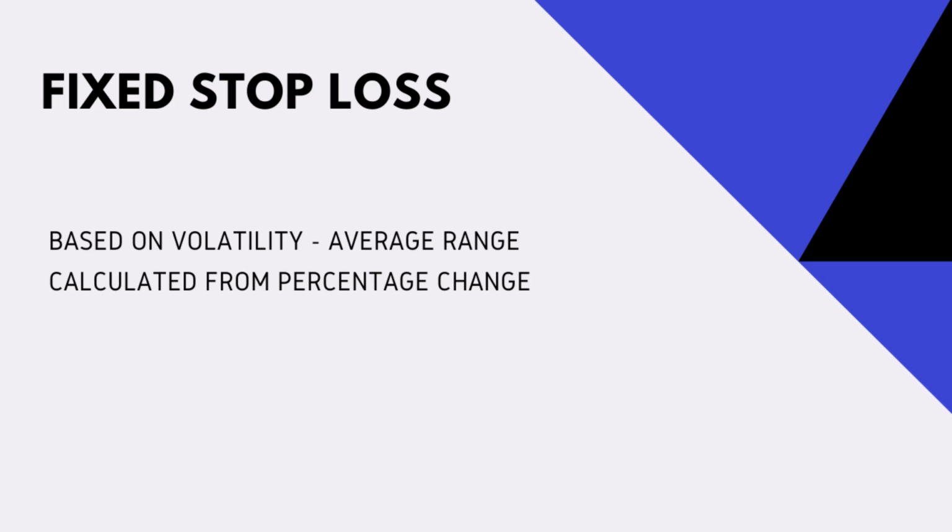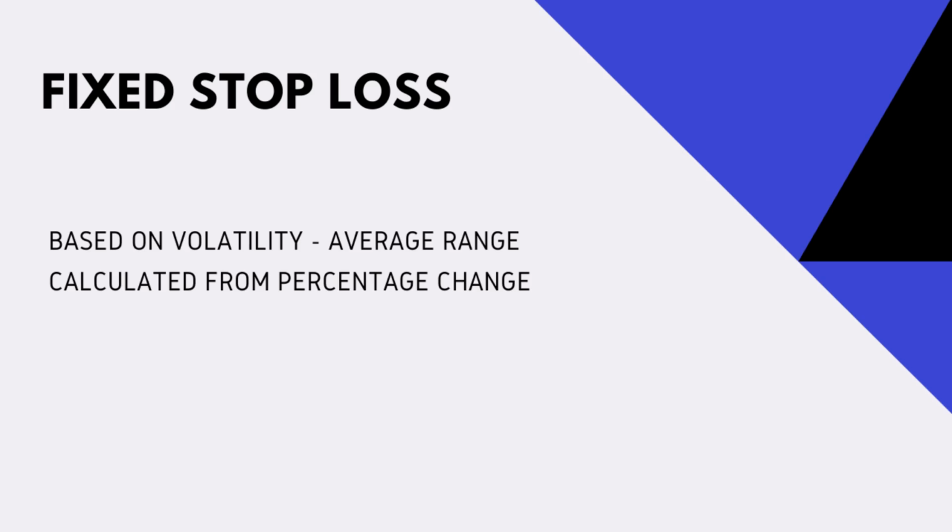And the other type of fixed stop loss is calculated from percentage change, and this is basically applicable to stocks or commodities or maybe some cryptocurrencies. And surprisingly, it has almost the same advantages as the volatility-based stop loss.